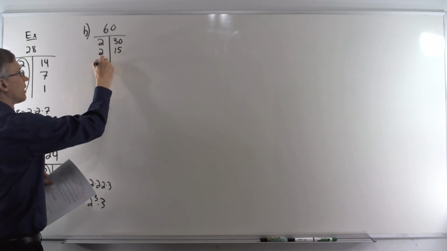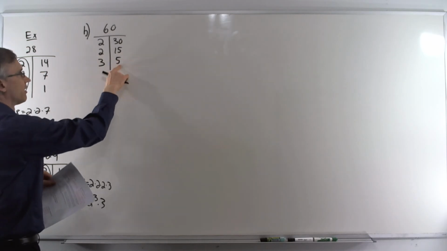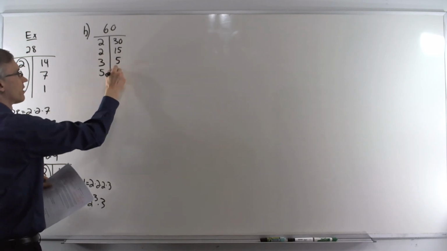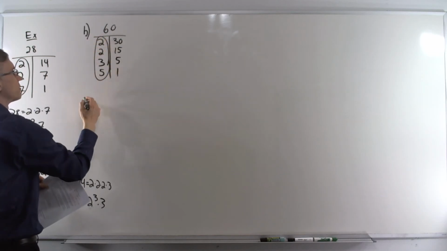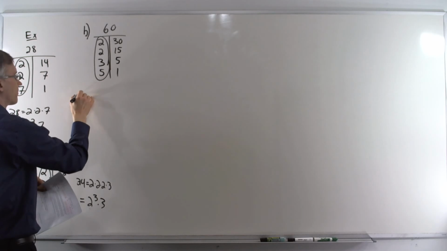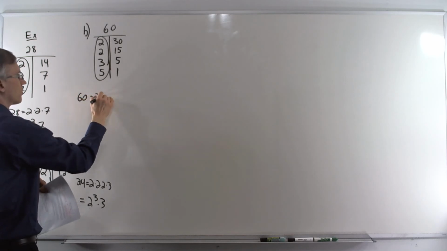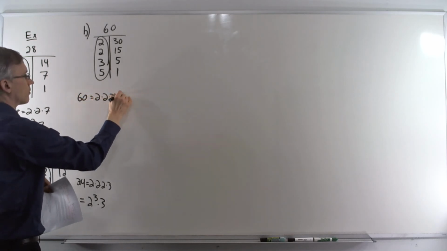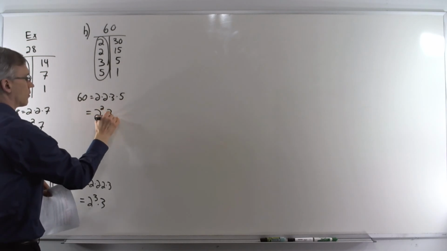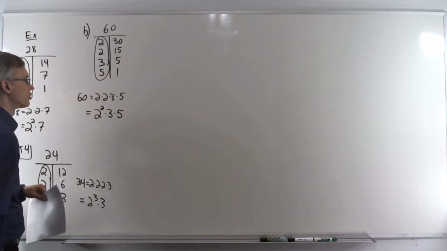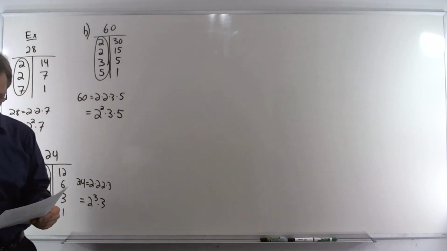I'm going to divide 15 by 3 to get 5. And 5 is prime, so I'll divide by 5 to get 1. And then we're done. So 2 times 2 times 3 times 5. Two squared times 3 times 5.